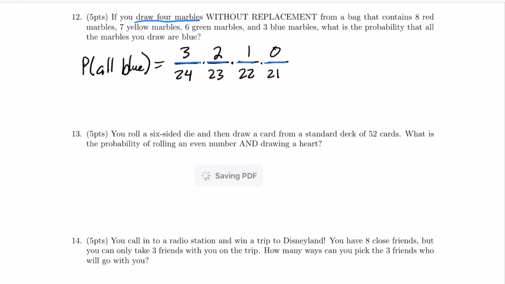And that ends up making the entire probability equal 0 because if you do 3 times 2 times 1 times 0, you get 0 over some big number, but 0 divided by that big number will still just equal 0. And so the probability of selecting 4 marbles who are all blue is just 0 because we don't have enough blue marbles to select 4 blue marbles without replacement. So that's how you would do question 12.